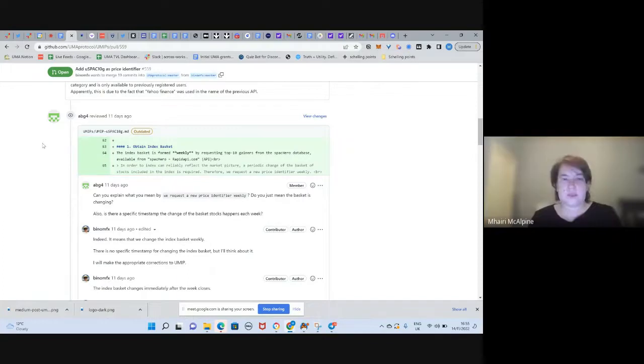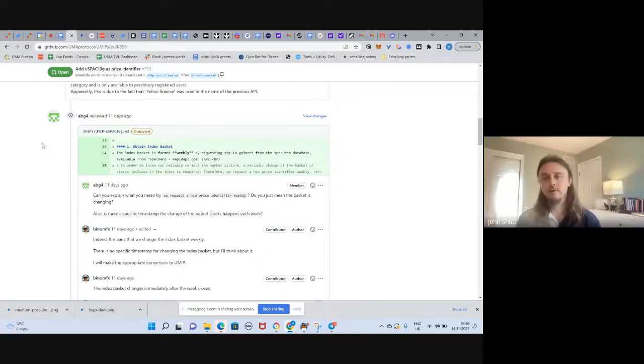Thanks, John. I haven't formally reviewed this, but one thing that jumped out to me was that they were changing the basket weekly to the top 10 gainers, I think. That seemed quite unverifiable, that other than trusting them, there's no way they will put the top 10 gainers correctly in the basket.